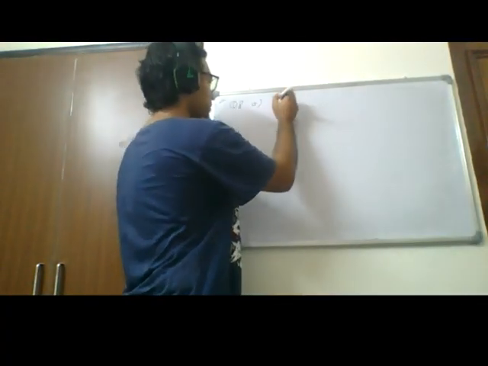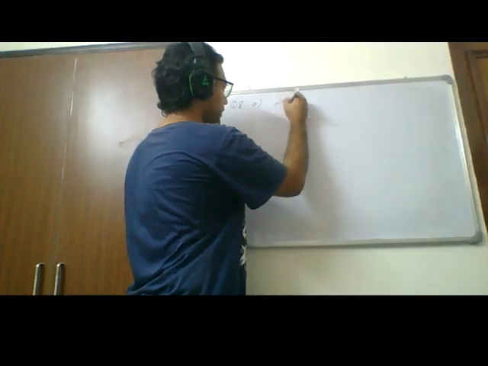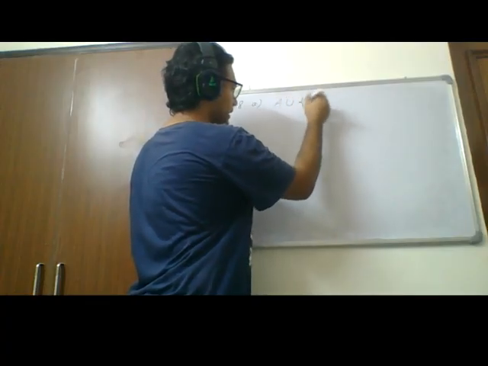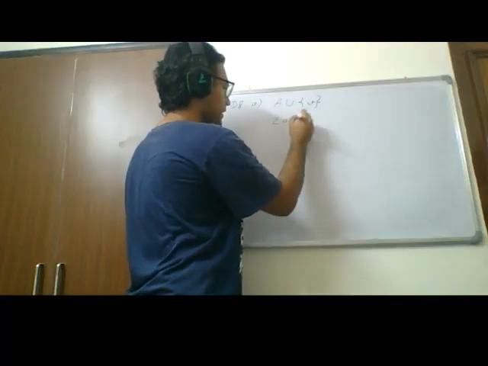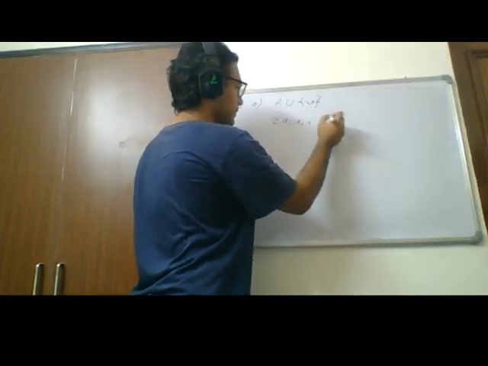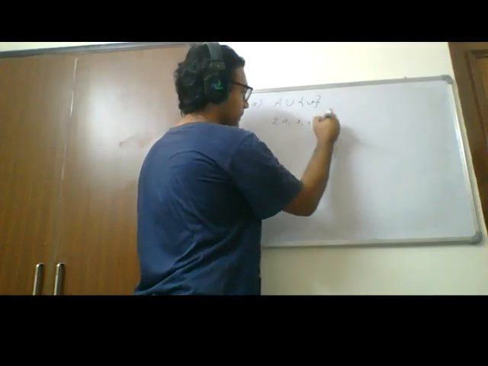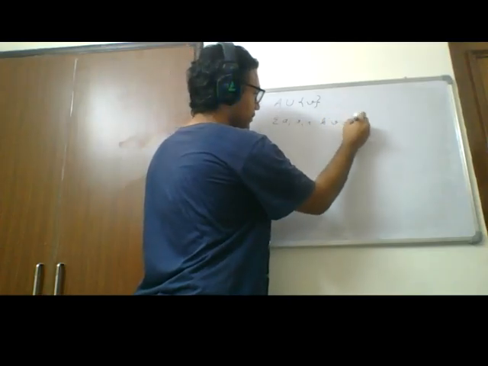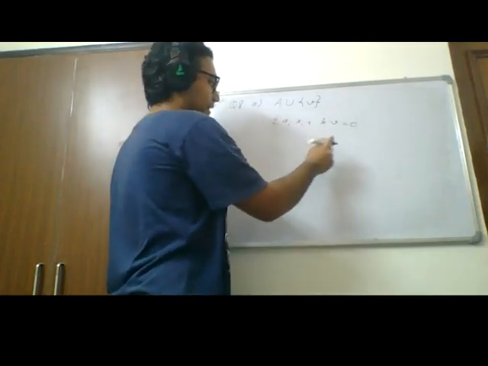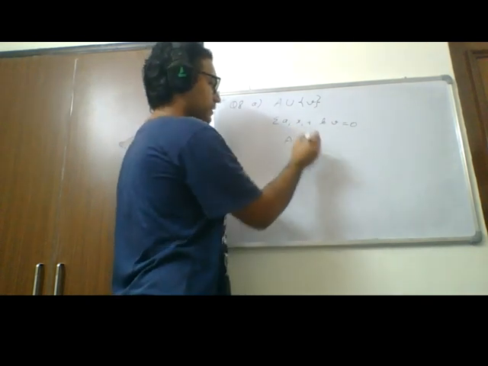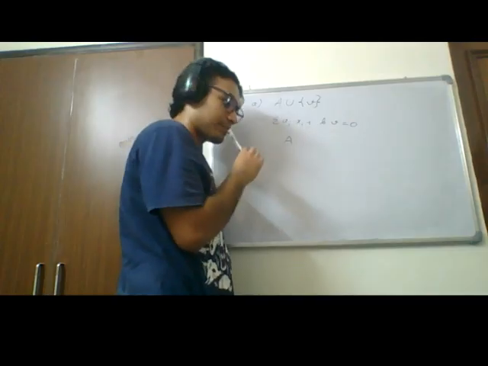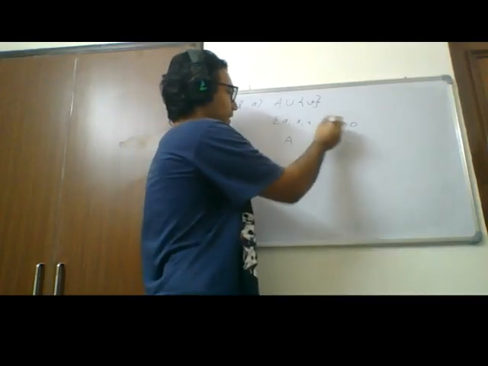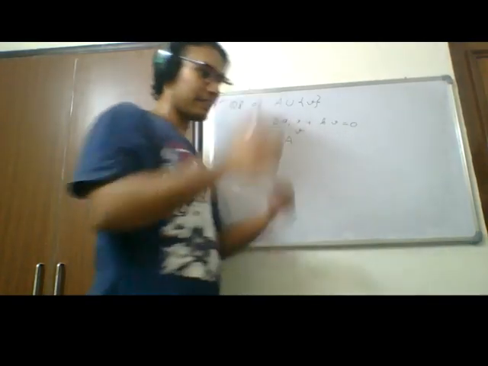So the statement is equivalent to showing that if A union {v} is dependent, or has a sum Σ aᵢxᵢ + bv equals zero, which is dependent, then A is dependent, right? Essentially. But keep in mind that v is outside the span of A.